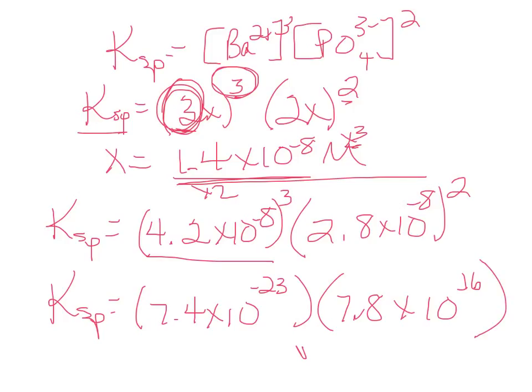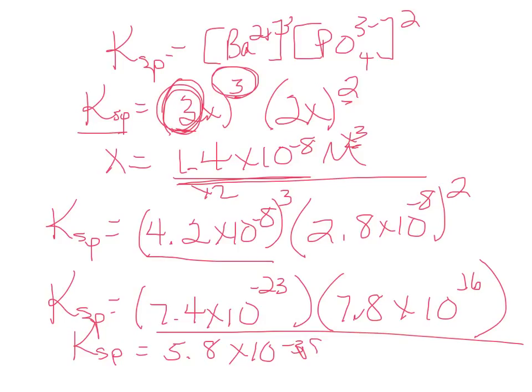All right, so if I multiply these two teeny tiny numbers together, I get that Ksp equals 5.8 times 10 to the minus 38. Oh my, that's awesome. That actually matches the answer. Amazing, huh?